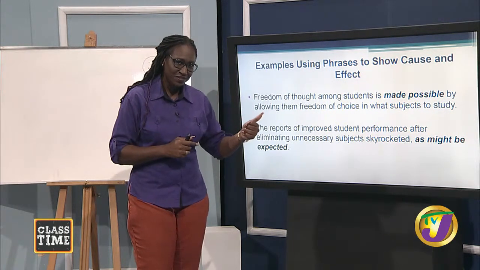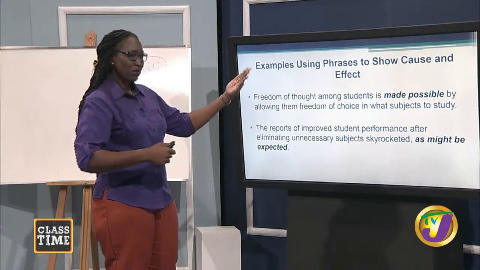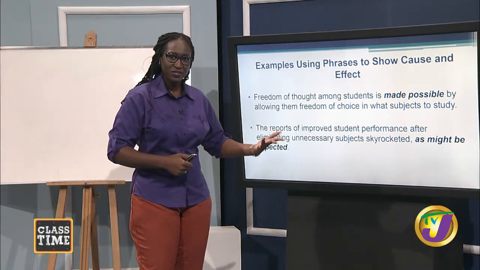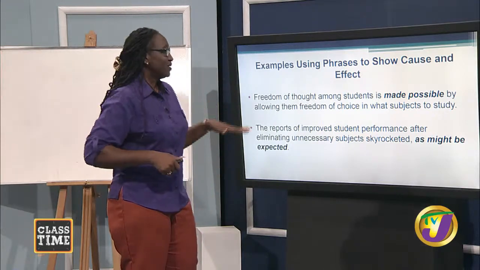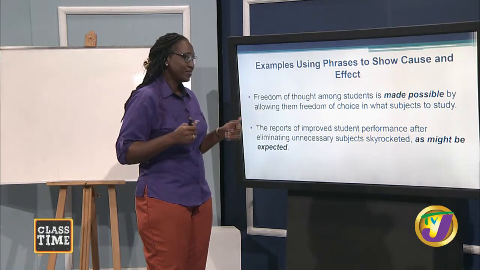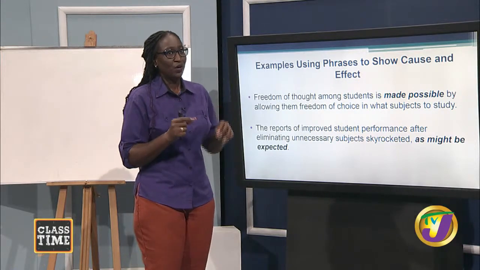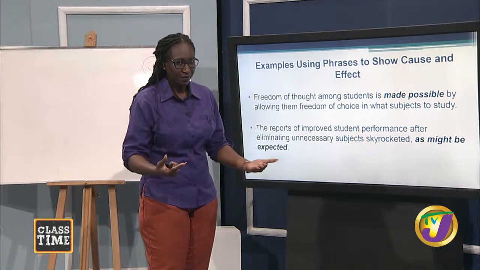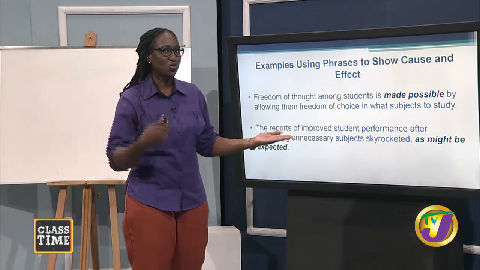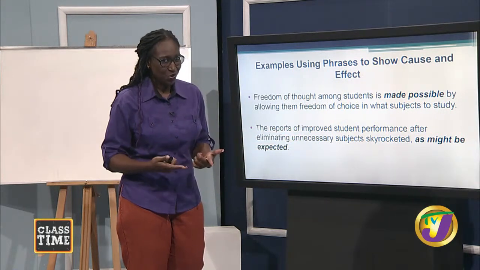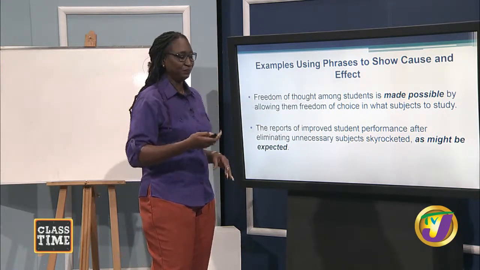Eliminating the unnecessary subjects, in this writer's mind, led to the actual skyrocketing of improved performance. So performance improved, and it didn't just improve gradually, it improved greatly. And notice now what links those two ideas: "as might be expected." They're showing the actual link between the two. What this writer is saying is that naturally, if you do one thing, then this other thing is going to be the natural outcome. So you expected this outcome. And therefore, these two things are linked, cause and effect.